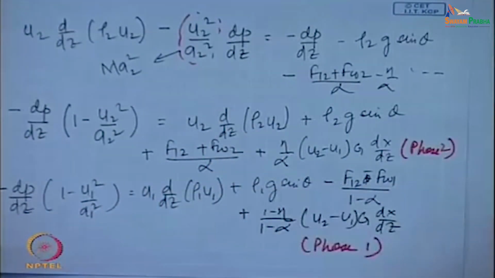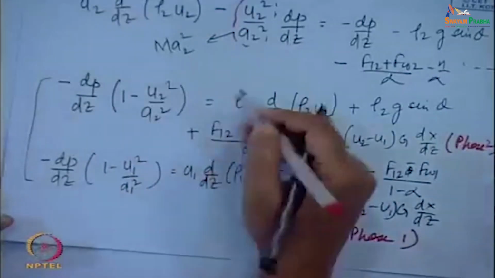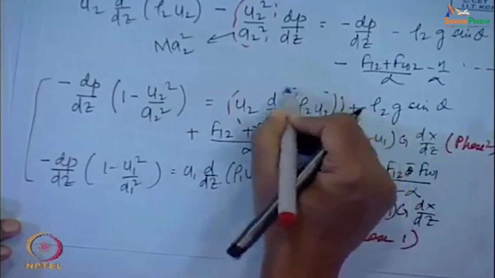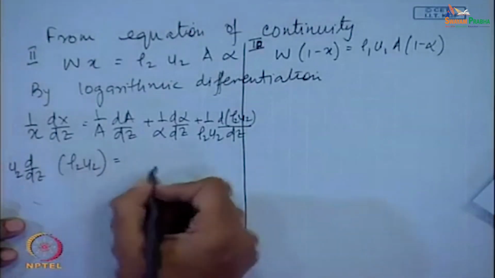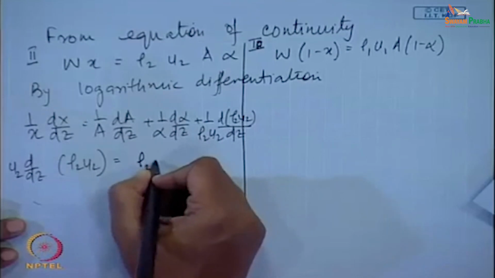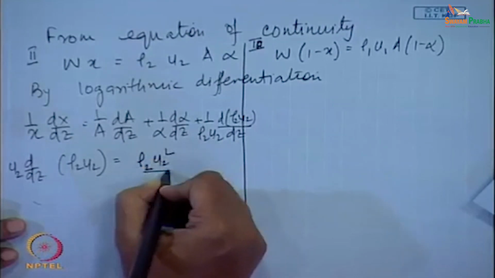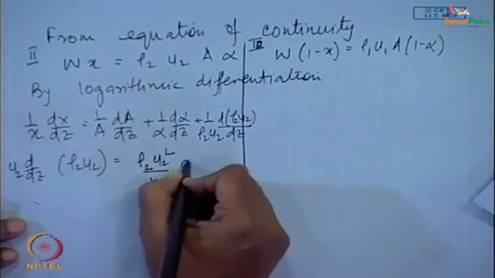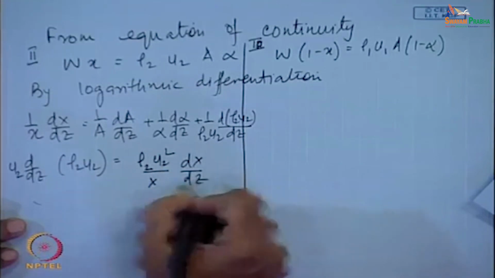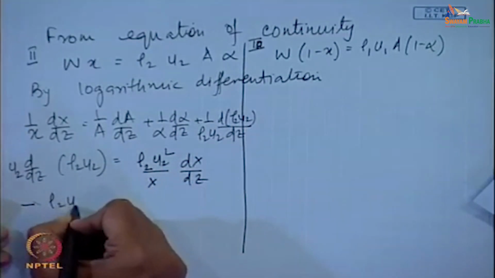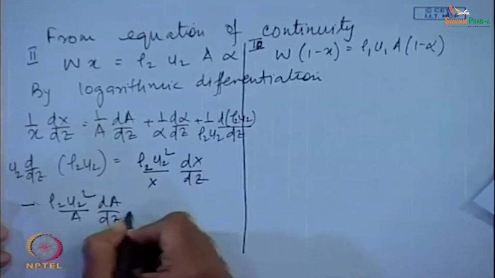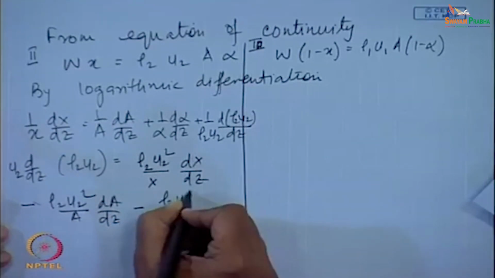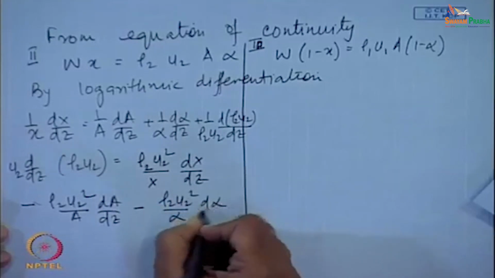If I want to substitute this whole term in terms of certain known parameters, what does it become? Just check what I am writing: rho 2 u 2 square by x dx/dz minus rho 2 u 2 square by A dA/dz minus rho 2 u 2 square by alpha d alpha/dz.